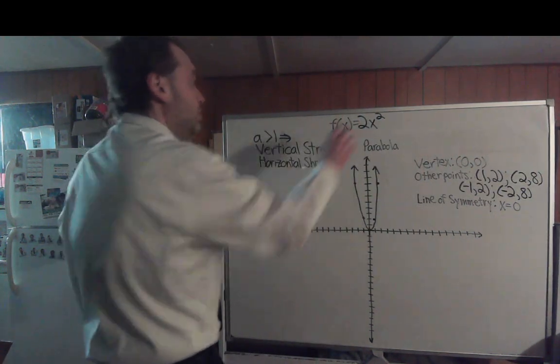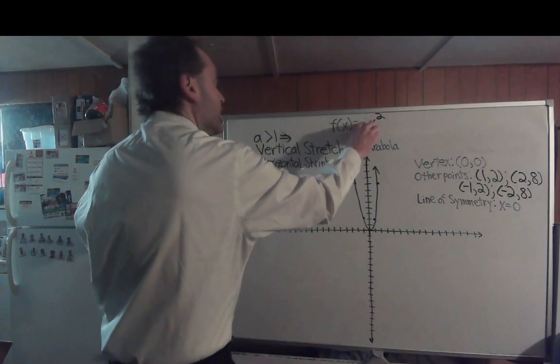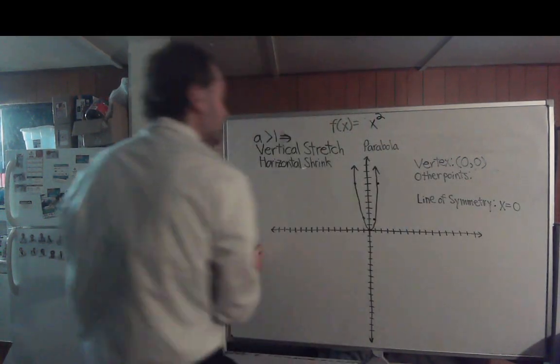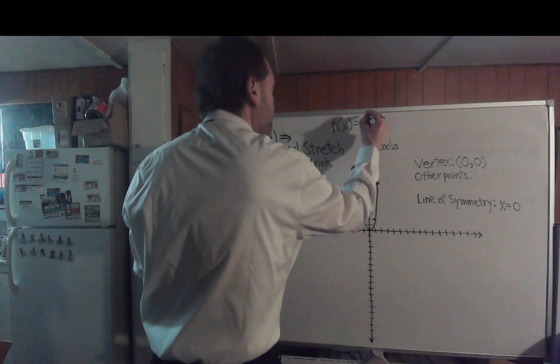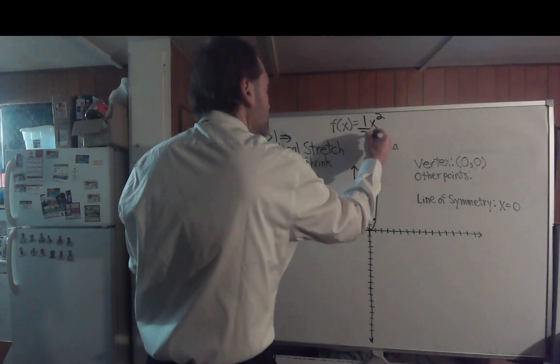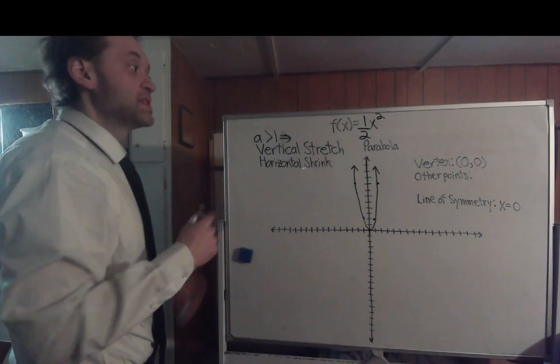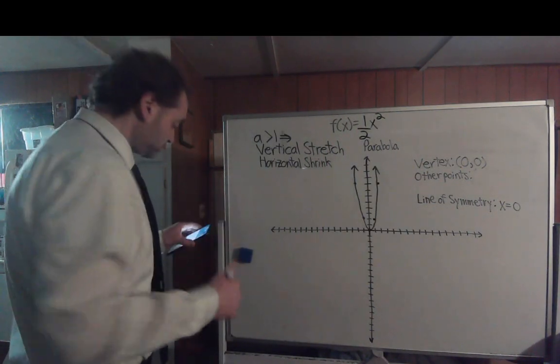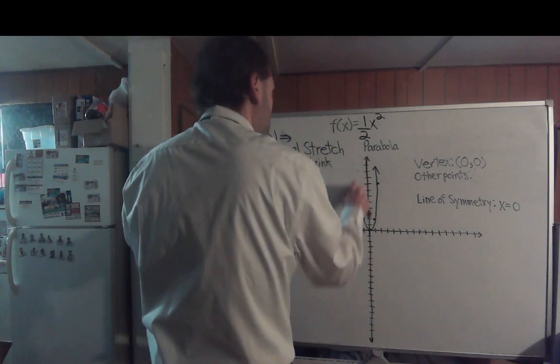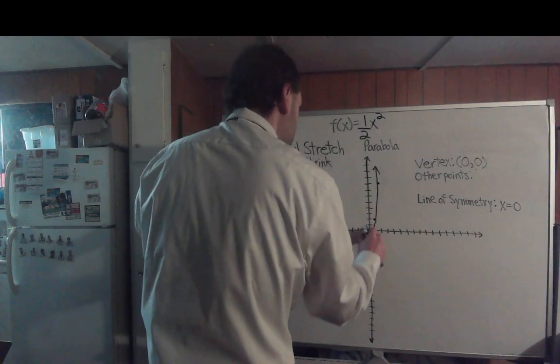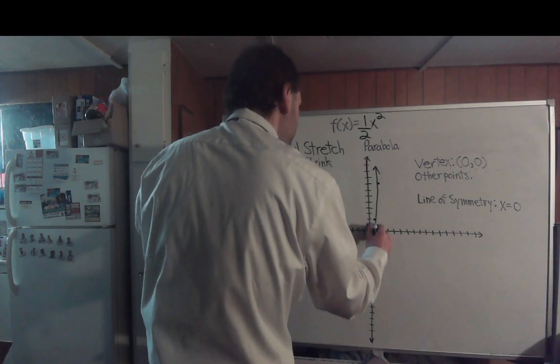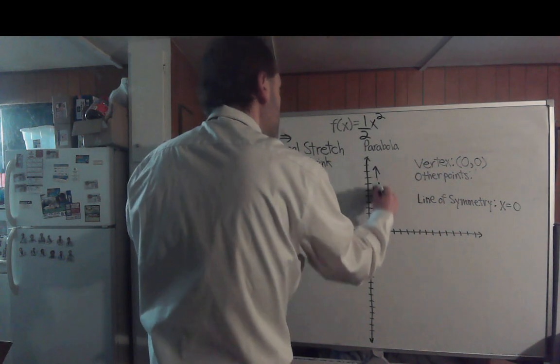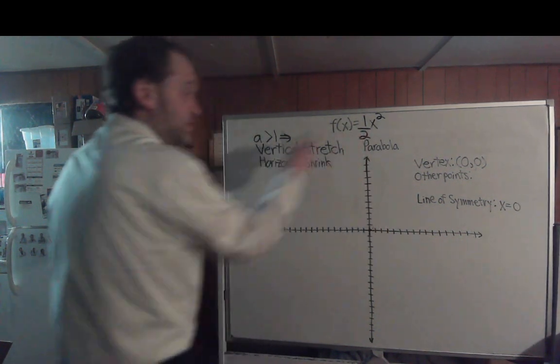Okay, so now let's do something different here. What if I put 1/2 in front of the x squared? So the coefficient on x squared this time is going to be 1/2. What happens then? Well, the vertex hasn't changed.